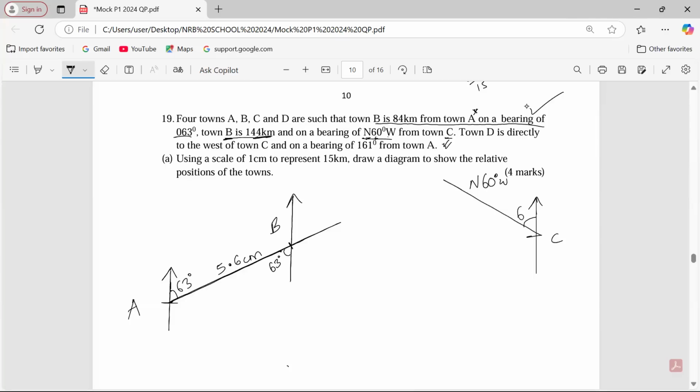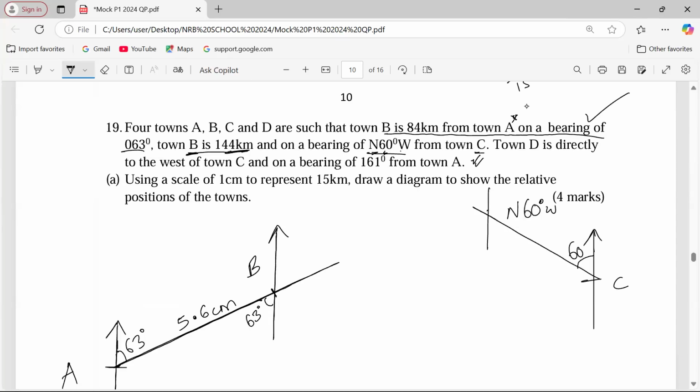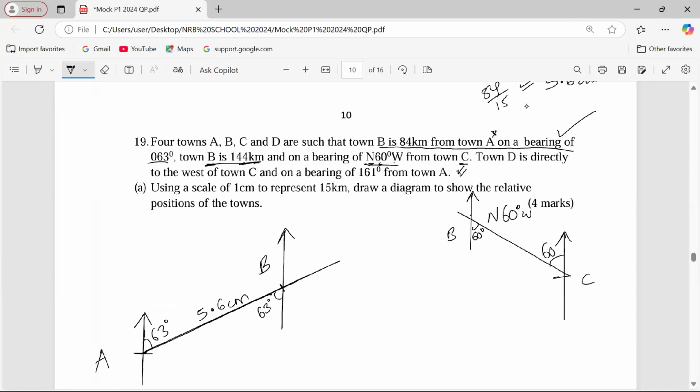60 in the direction of west, which means once you measure the distance and arrive at B, you are supposed to measure 60 on the lower side, for you to raise a very perfect compass that way.